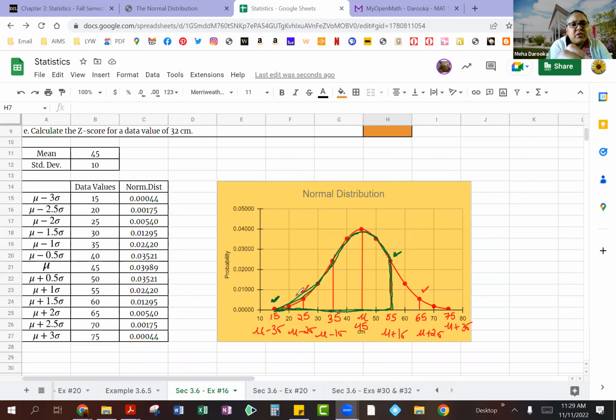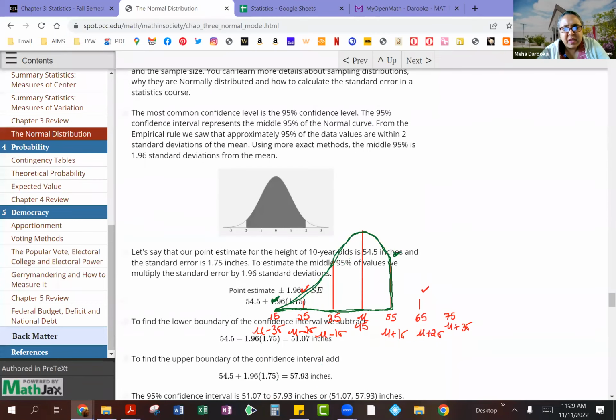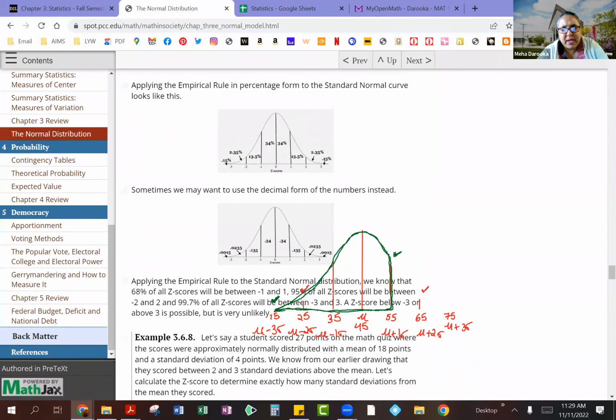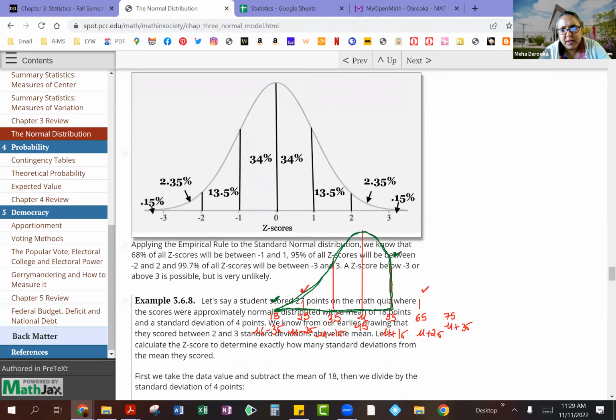And for this one, you may want to look at that little chart we had done where we had all the breakdowns. So, kind of like this one over here. So what percentage do you think of our data values fall from 15 to 55 centimeters?